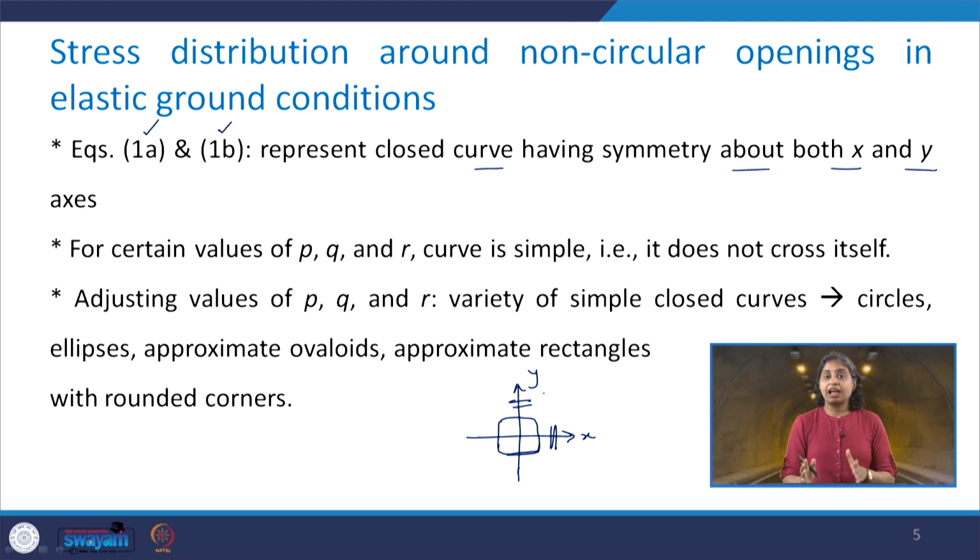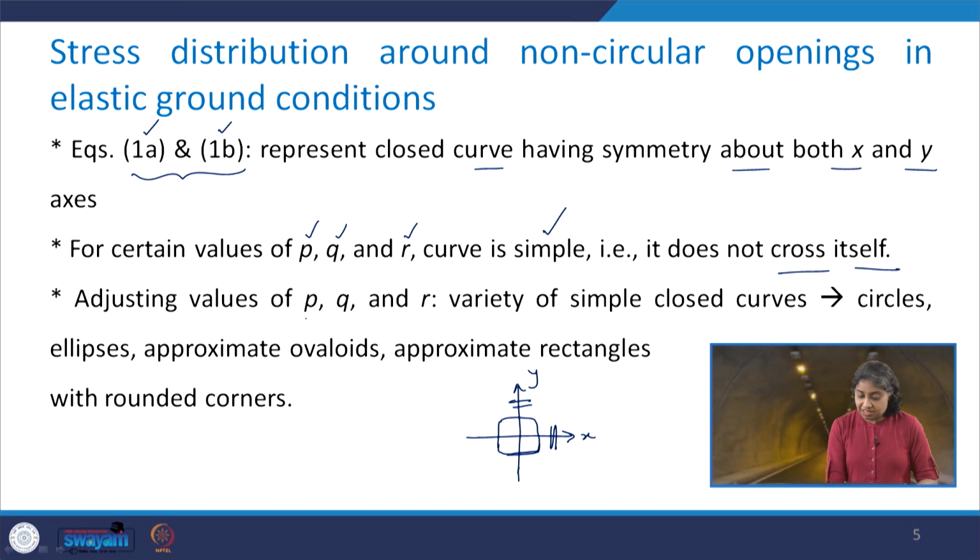So for certain values of these parameters p, q and r, the curve that will be generated by these two equations is simple and does not cross itself. So it is a closed curve. Now if we adjust the values of these parameters p, q and r, we can generate a variety of simple closed curves, and these include, say, circles, ellipses, approximate ovaloids, approximate rectangles with rounded corners.